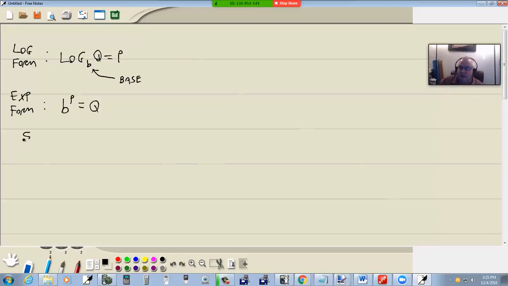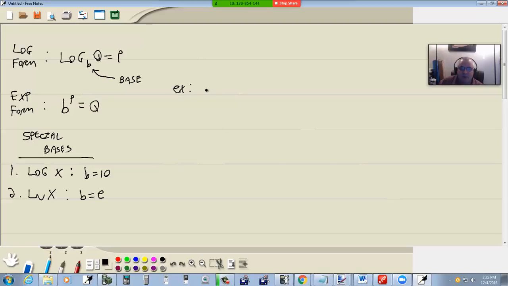Now we have some special bases. If you just simply have log with no base, there's no number following that, then by default your base is 10. This is referred to as a common log. If you have natural log, it says ln, and there's no number here, your base is going to be e. That's referred to as a natural log.